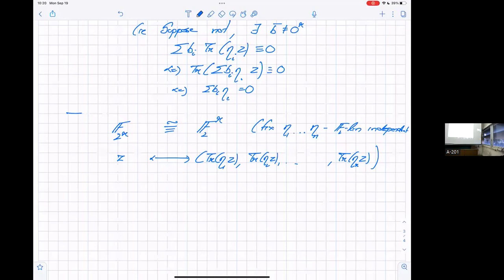If you just look at the mapping from Z to the constant coefficient, that's a linear map from the large field to the small field. The degree s coefficient is also a linear map because of this property.